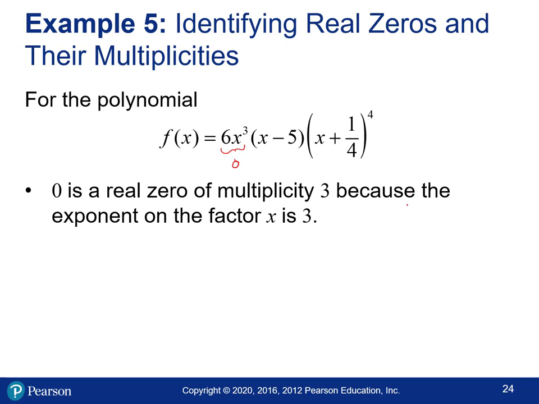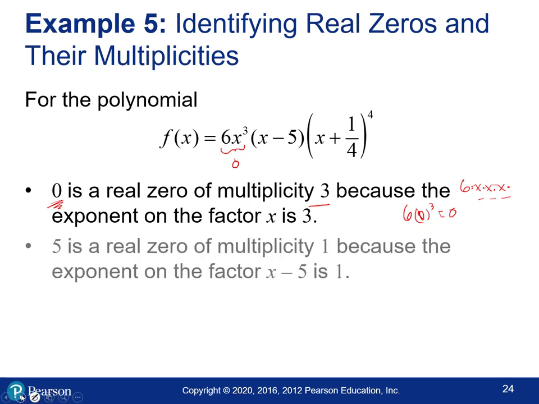Because 6 times 0 cubed equals 0. And the multiplicity on that one is 3. You can tell from the exponent, or if you want to write it out, expand it, it would look like 6 times x times x times x. So that's why that's multiplicity 3. I can technically plug in 0 3 separate times into my function here, and the answer would be 0.